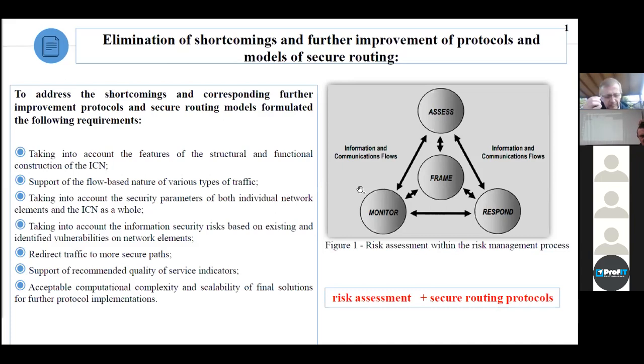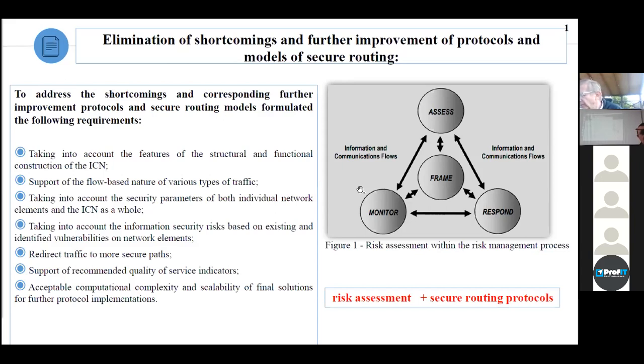As a result of the analysis of existing protocol solutions, it is noted that improving the efficiency of secure routing solutions usually requires appropriate improvement of existing and development of new mathematical approaches, like models and methods. To address their shortcomings and for the corresponding further improvement of protocols and secure routing models, the following requirements were formulated, as you see on slide number 1.